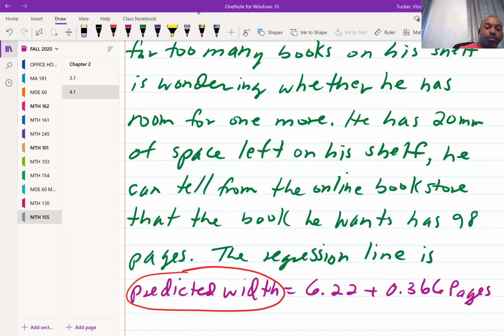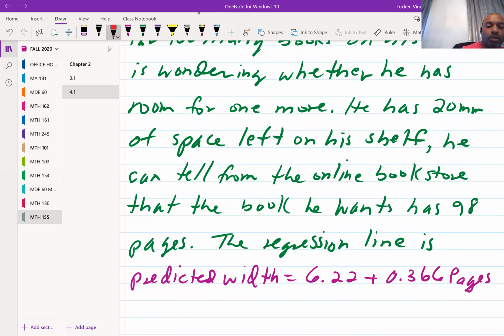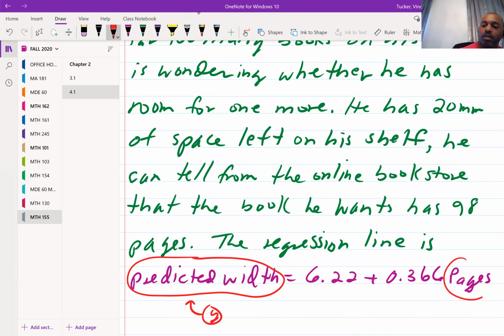So the predicted width would have been a variable, and then pages would have been your other variable. This would have been y, and this would have been your x. Like I said, since they're just introducing the regression line to you, they're using the description versus just a variable.